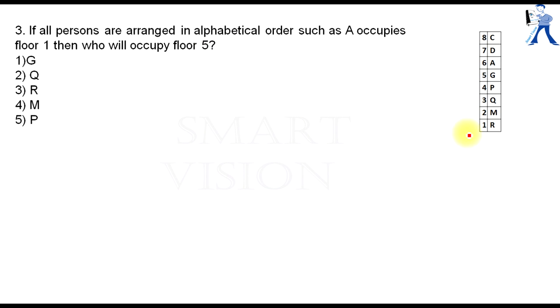According to alphabetical order, we have to write here: A, after that C, then D. We need 5 floors, so no need to complete all 8 floors, just till the 5th floor you write A, C, D, G, M. So in the 5th floor, after rearranging, M will come on the 5th floor.